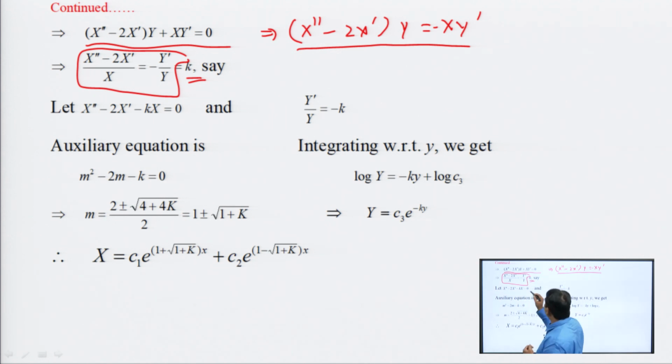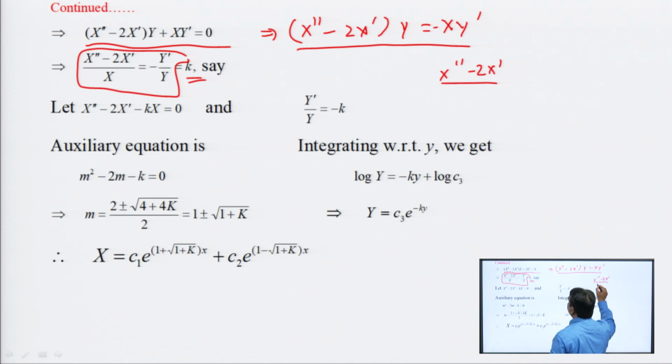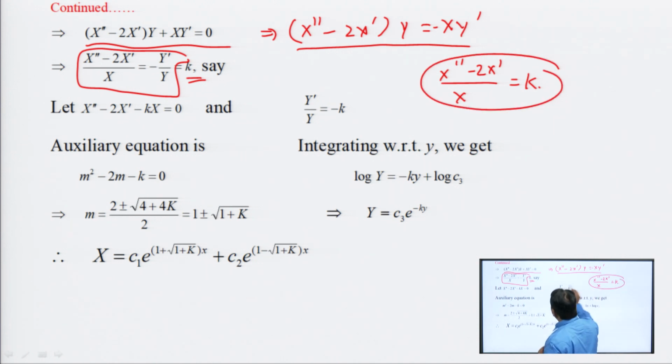So, if we consider the first one, x double dash minus 2 x dash by x is equal to k. From this we can write x double dash minus 2 x dash minus k x is equal to 0.